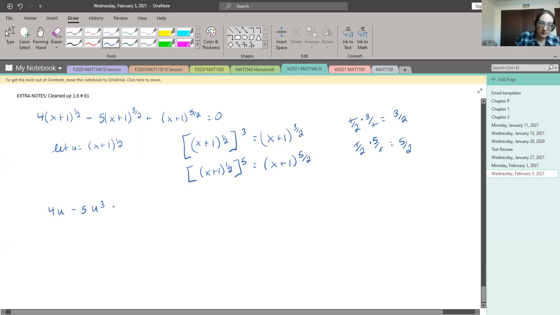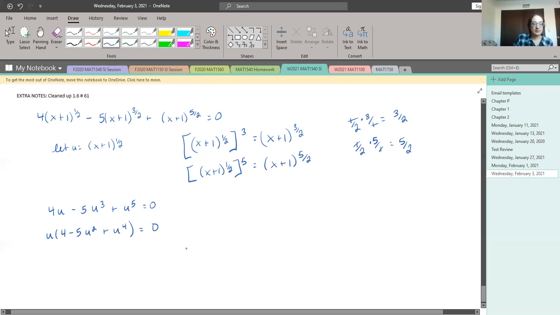So our last term is just plus u to the 5th equals 0. Now we have a common factor of u, so let's factor out that u. We would have u times (4 minus 5u squared plus u to the 4th).